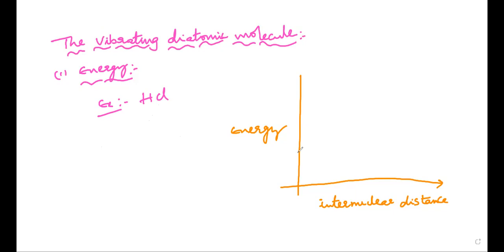So from this diagram, the x-axis is along internuclear distance and the y-axis along energy levels.